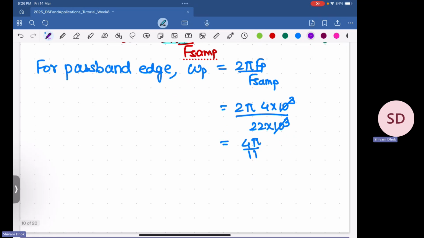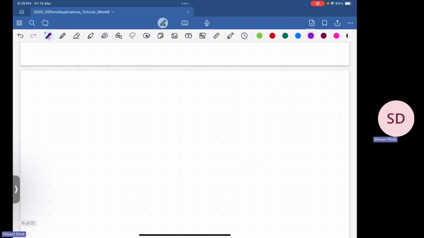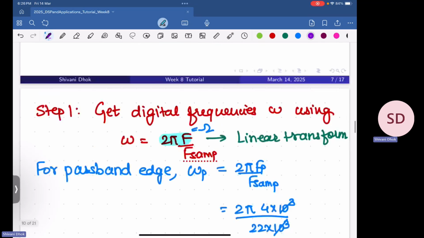Now for the stop band edge, little omega s is 2 pi fs by f sam. What is the stop band edge?